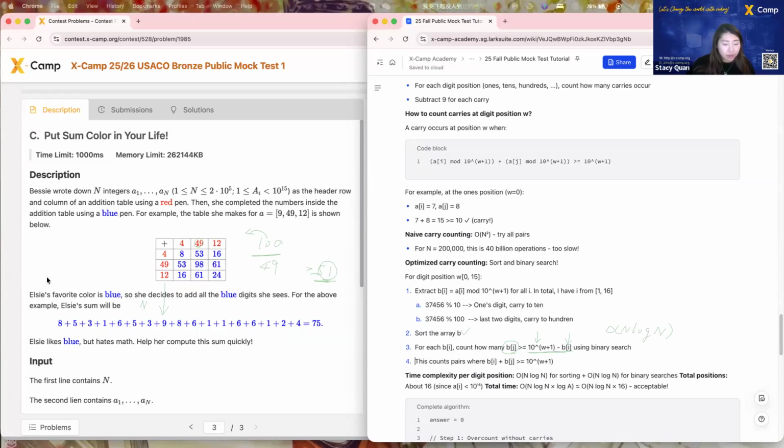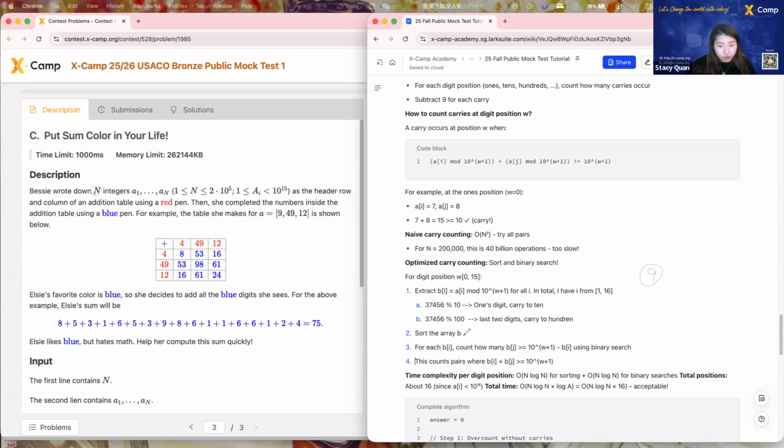Then what is the time complexity for these algorithms? The time complexity for each digit position: let's say you have the ones digits for all the integers. Then for every one of the integers, you want to know how many partners can cause a carry to the tens digit.